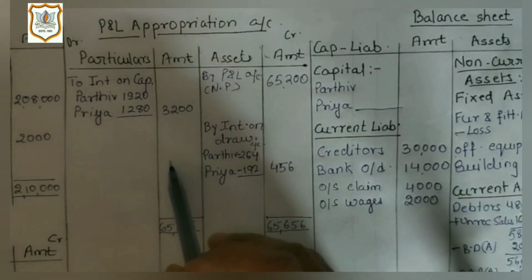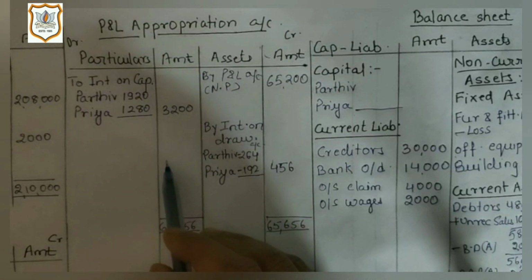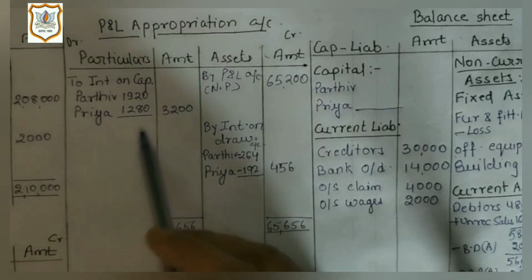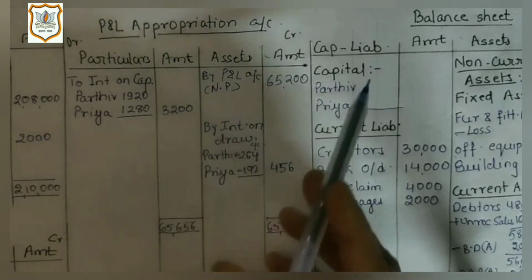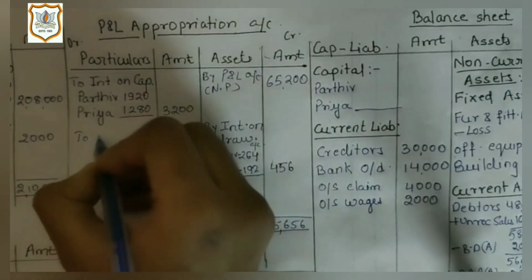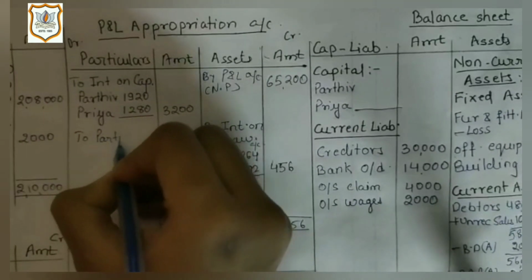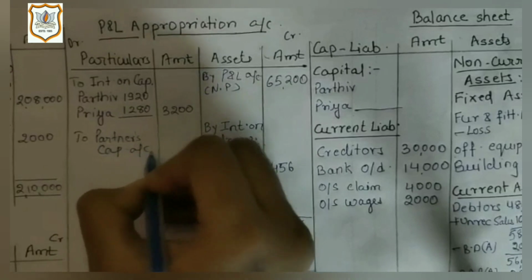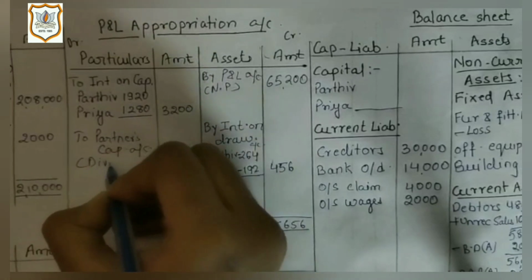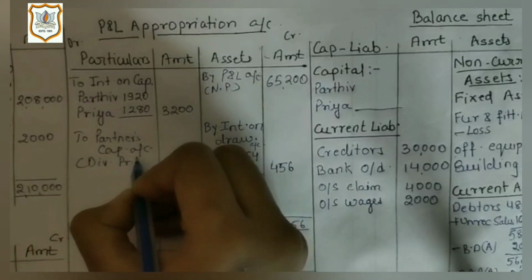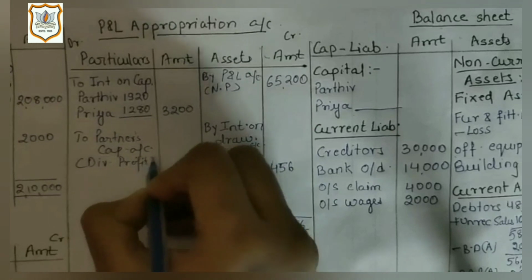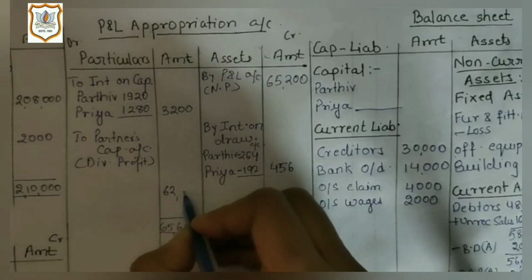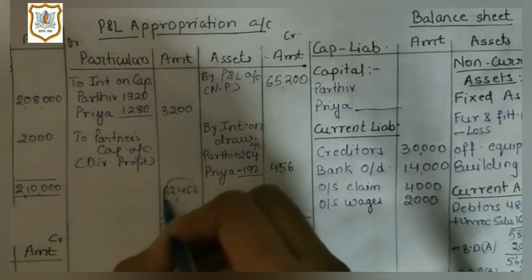And difference will appear on debit side, which will be called divisible profit, which will be transferred to partners capital account. To partners capital account, divisible profit 62,456.